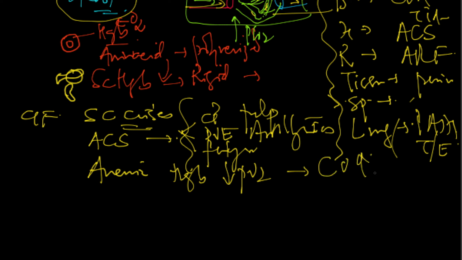So the cardiac output increases, and these patients can go into heart failure, and we call it preserved ejection fraction heart failure. So HFpEF, heart failure with preserved ejection fraction. And the other variety is, of course, HFrEF, which is heart failure with reduced EF.